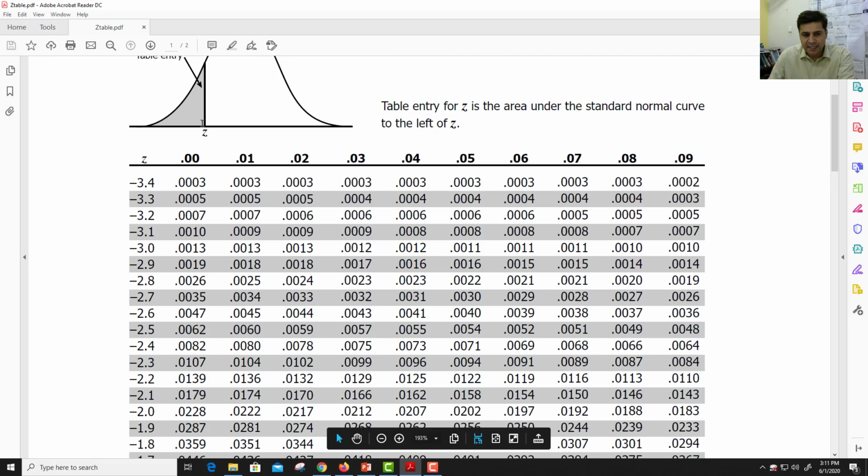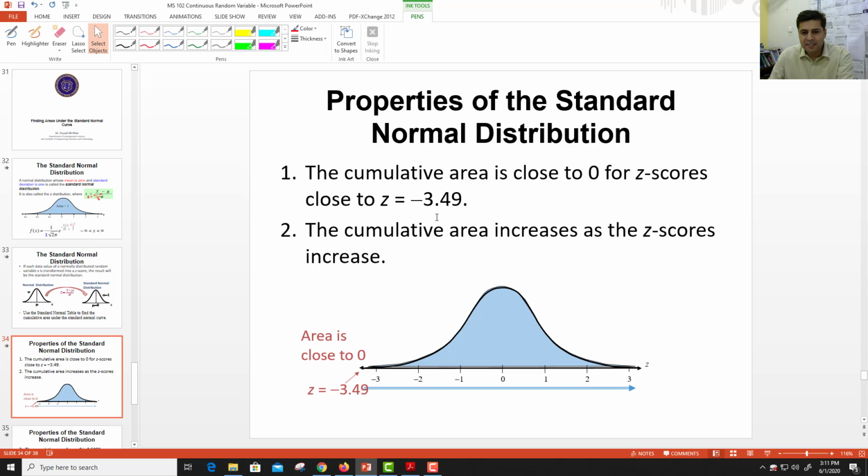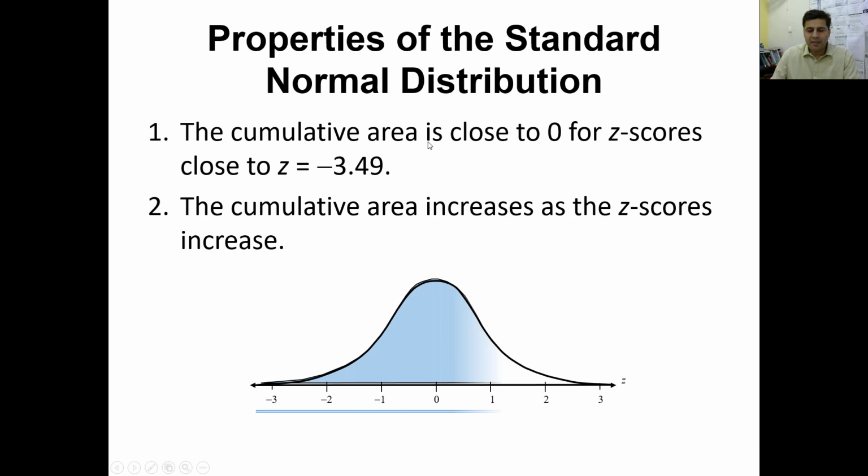It means this area will be approaching 0 when z is equal to minus 3.49. So at this place it will be minus 3.49, and that is why we write at this place that z is equal to minus 3.49. The cumulative area is close to 0 for a z score close to minus 3.49.